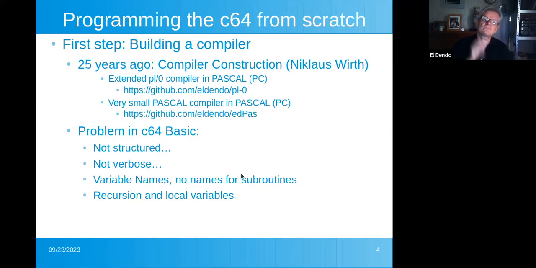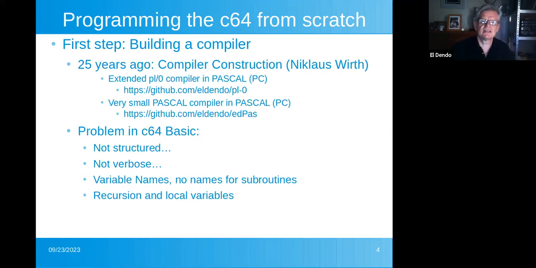a compiler. A good 25 years ago, I read the very good book Compiler Construction by Niklaus Wirth, the maker of Pascal. And some 10 years ago, I started to make a PL0, Programming Language 0, compiler in Pascal, and a little bit later, a very, very small Pascal compiler, also in Pascal on a PC.